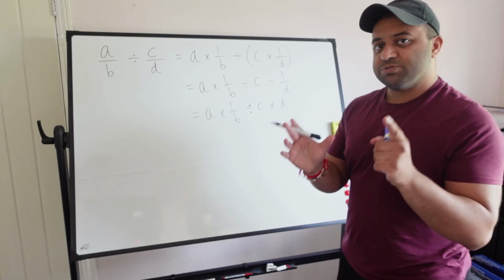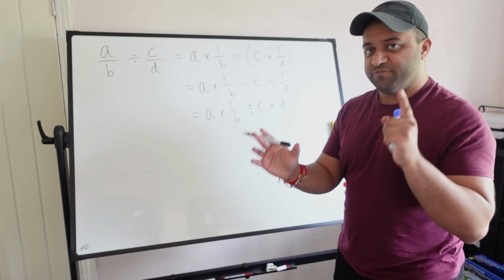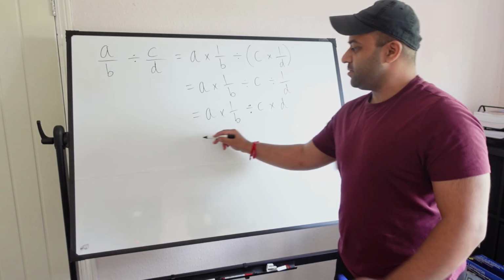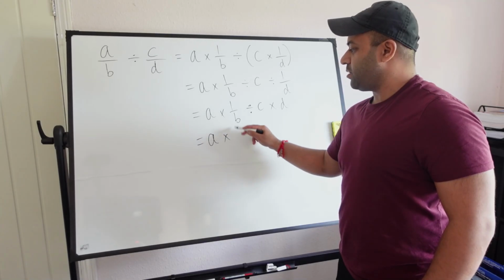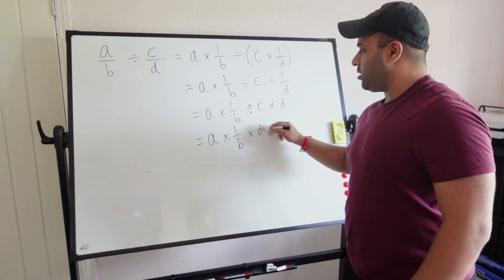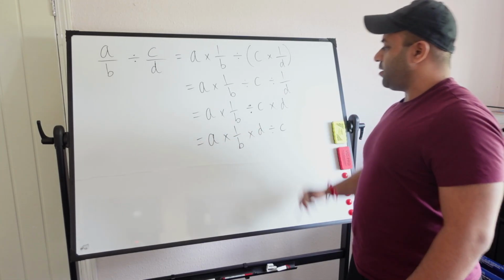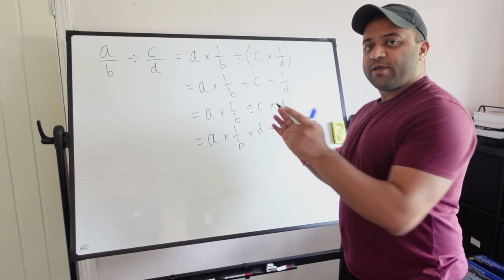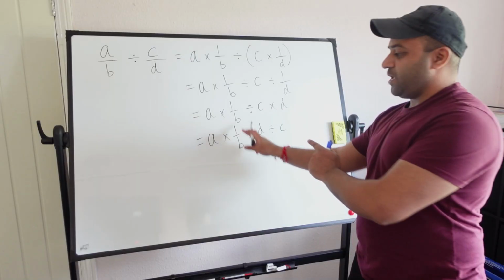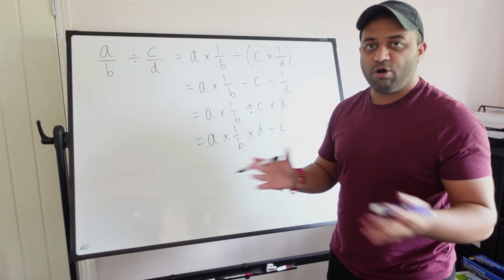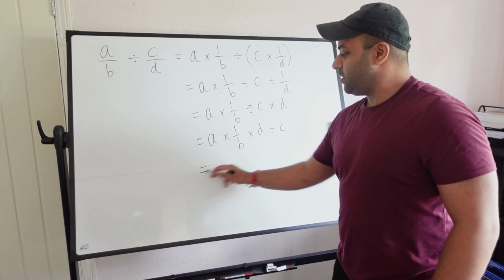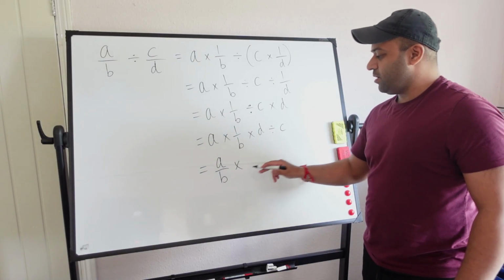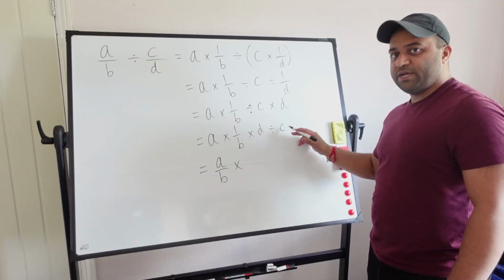So now let's use our knowledge of BIDMAS and swap the division by c and the multiplication by d around. So we can go back to the a multiplied by 1 over b. That's still a over b. And we're multiplying by d divided by c.